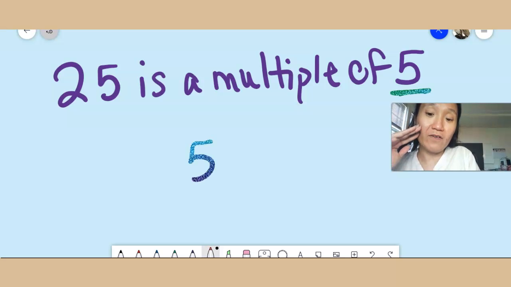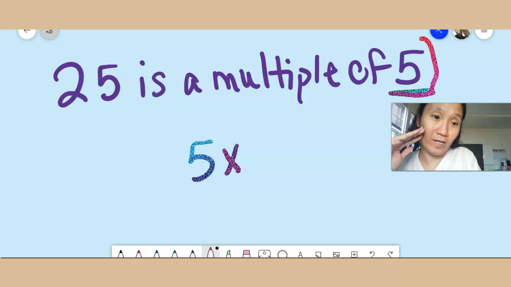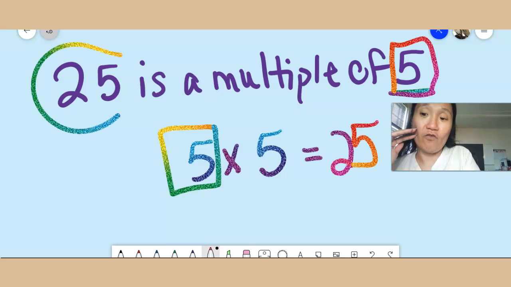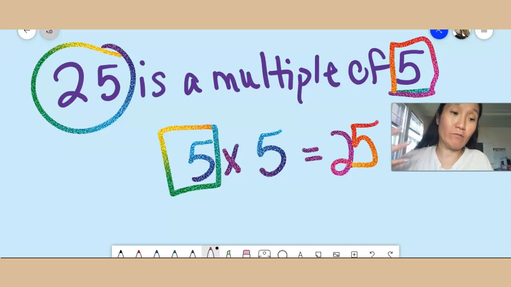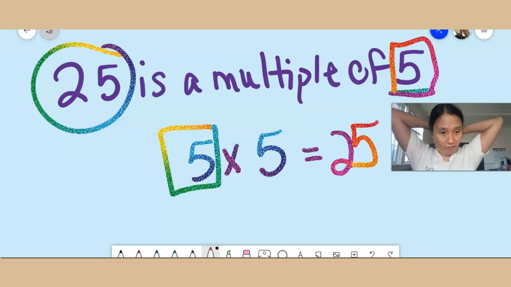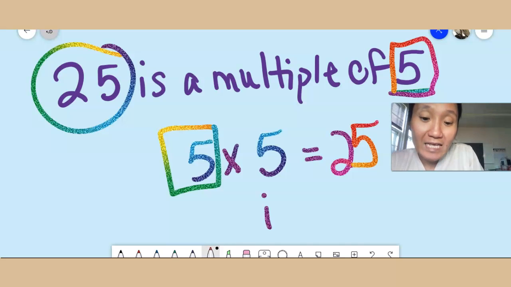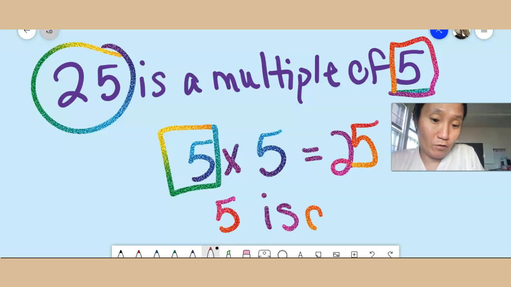I know that 5 times 5 will get 25. So I can take 5, multiply it by something, and get 25. So 25 is a multiple of 5. Basically, if it's asking, is 25 a multiple of 5, you're asking, is 25 the product of 5 times anything? Yes, it is.